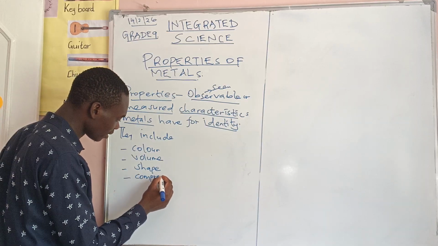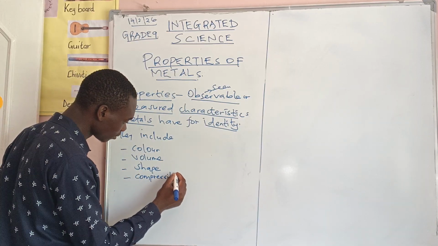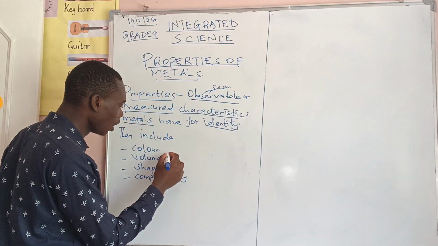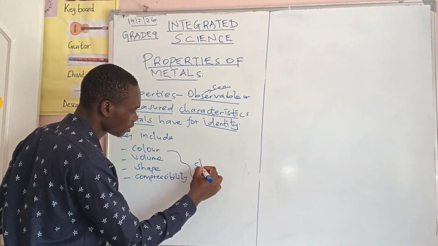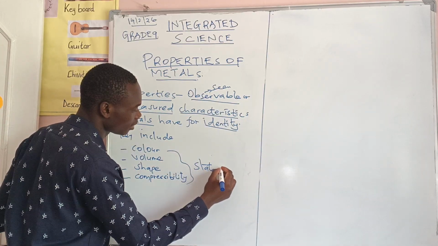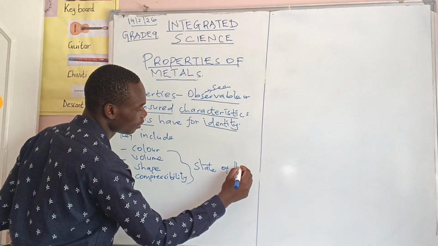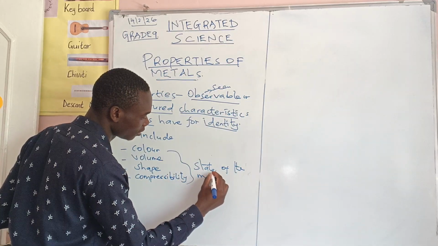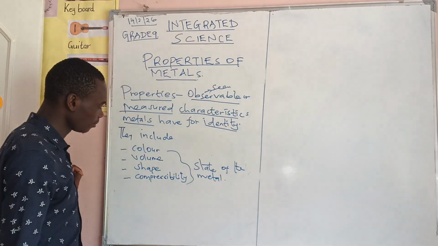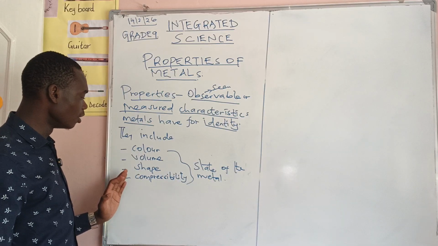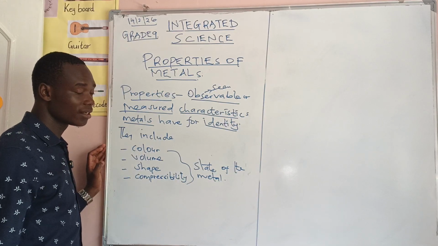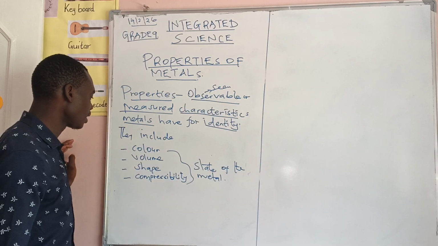In terms of compressibility, all these are the state of the metal. Good. So we have color, volume, shape, compressibility. State of the metal, or status.